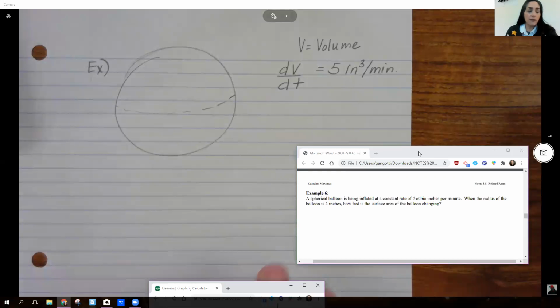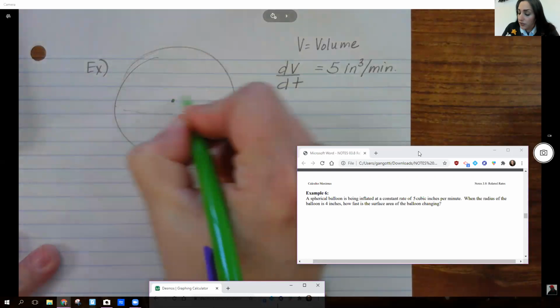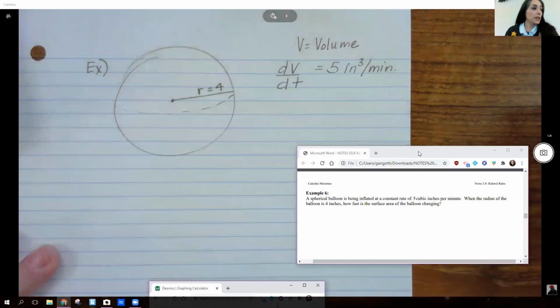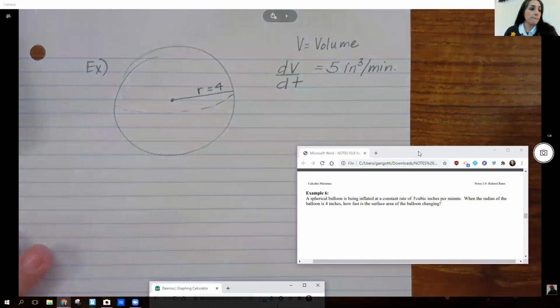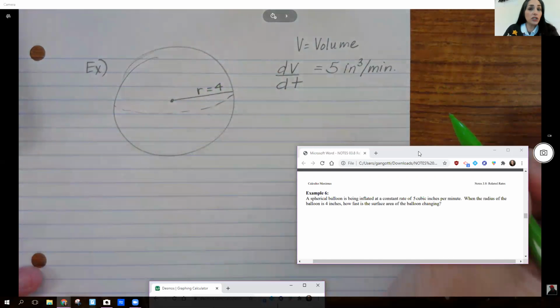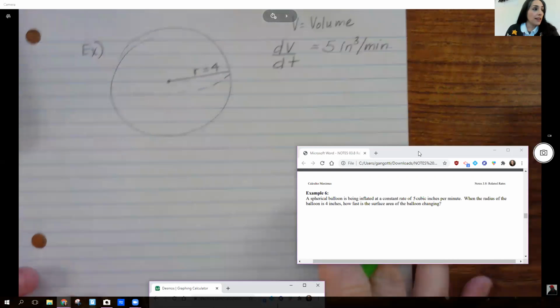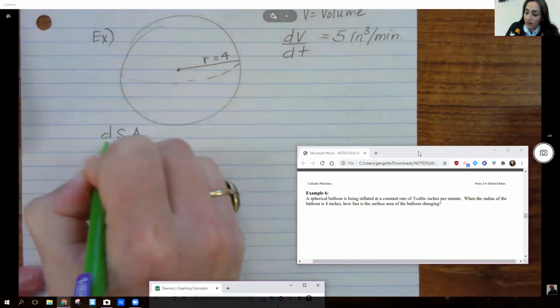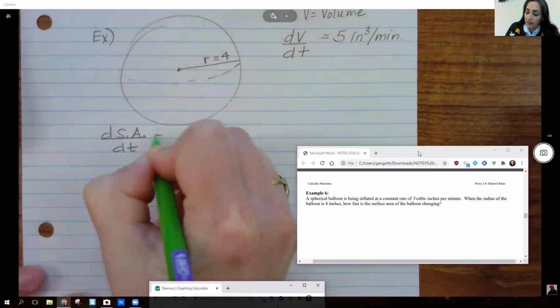So when the radius of the balloon is 4 inches, all right, so here's our r, and when that reaches 4 inches, how fast is the surface area of the balloon changing? So if you're looking for the change in the surface area, that means you're looking for d surface area/dt.